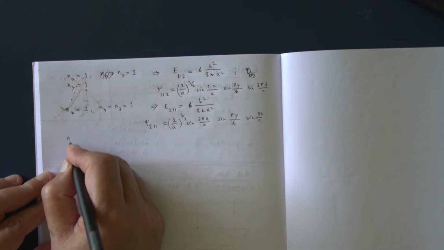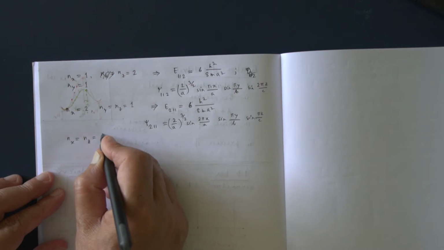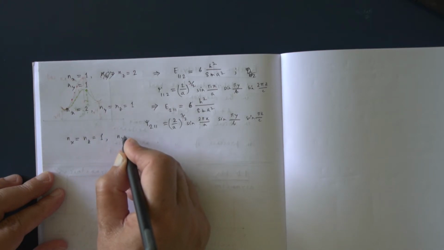Similarly, nx equal to nz equal to 1, but ny equal to 2.